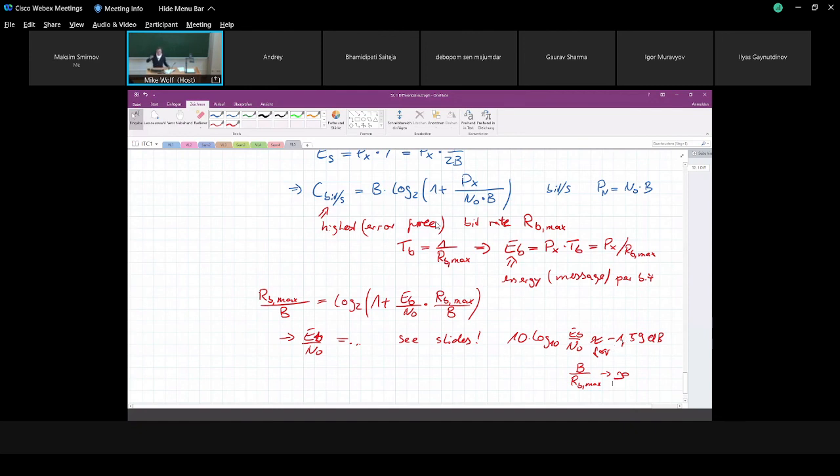This is a well-known limit for transmission. So you can basically obtain error-free transmission at this level, but not below. This is a famous limit of Claude Shannon for transmission.